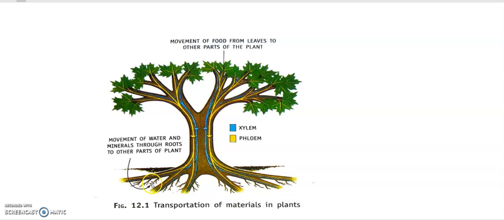Just imagine if there were no root hair. Then only the main roots would have to work, and they would have lesser surface area for absorption, and the plant would not get enough minerals and water in sufficient time. That's why roots have this hair-like structure called root hair.